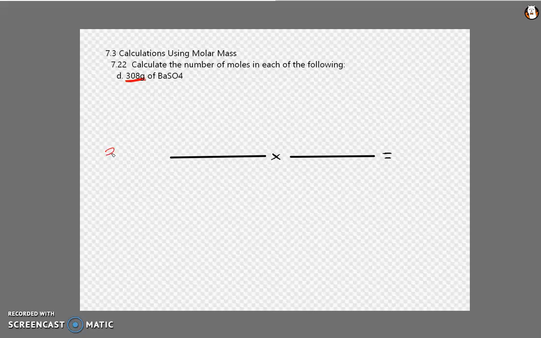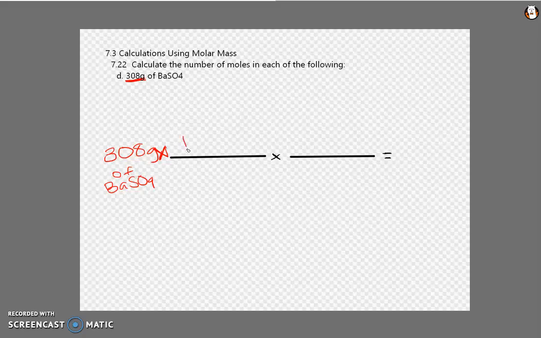You're going to do 308 grams of BaSO4, and you're going to multiply this by 1 mole, because 1 mole of BaSO4, because you want to get moles, calculate the number of moles.